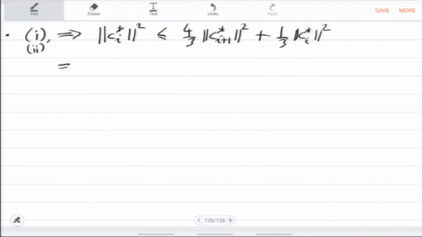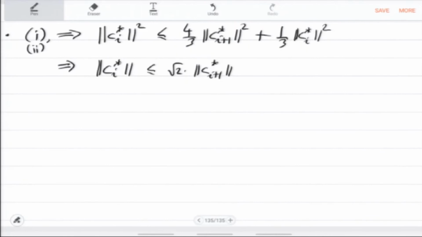Okay, which implies that Ci star square is at most 2 times Ci plus 1 star square, which is again saying the thing that I was saying before, that Ci plus 1 star is not much smaller than Ci star, and equivalently Ci star is not much bigger than Ci plus 1 star.